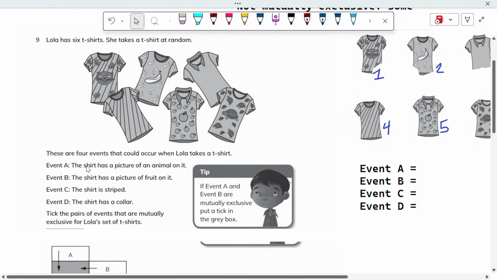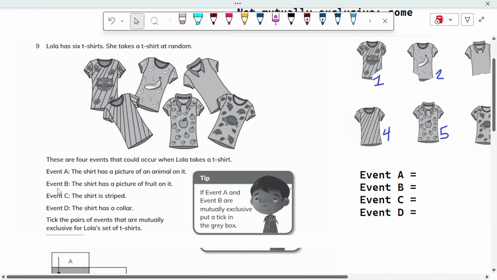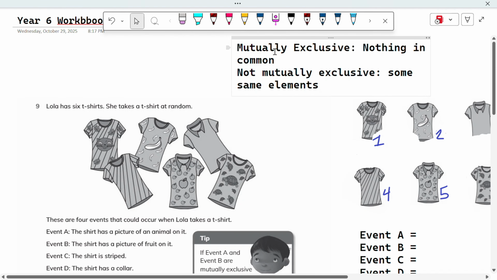So for event A and event B to be mutually exclusive, it means that all the shirts for event A are not the shirts for event B. So very soon we are going to understand more of that with the example.